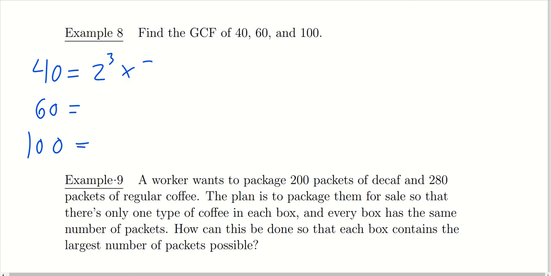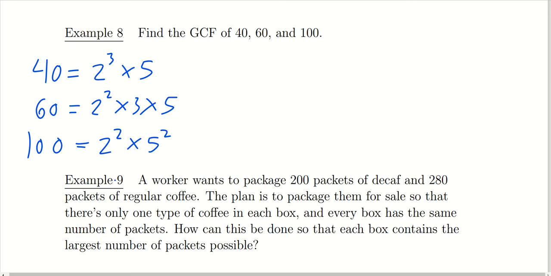So that's going to be 2 cubed times 5. If we do the prime factorization of 60, that should be 2 squared times 3 times 5. And if you do the prime factorization of 100, that's going to be 2 squared times 5 squared.